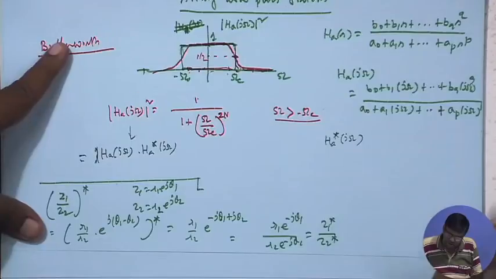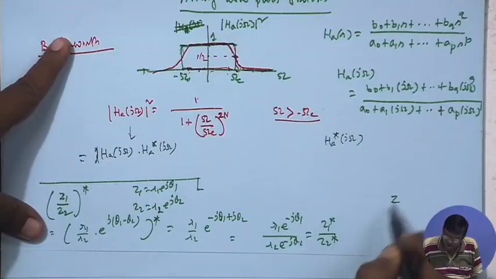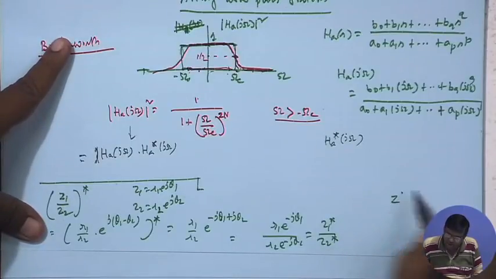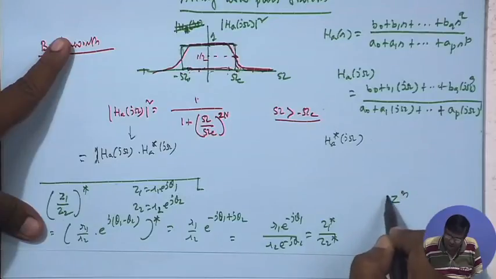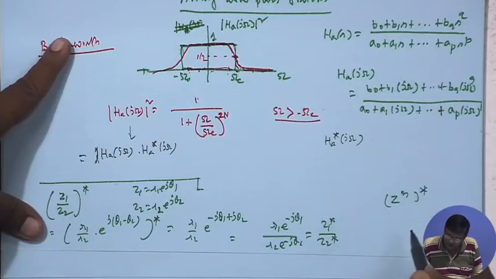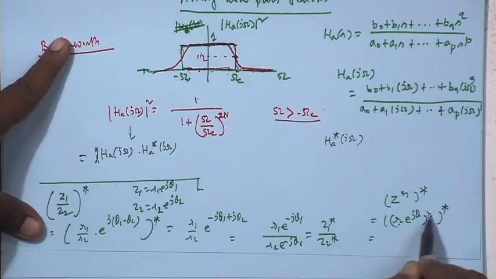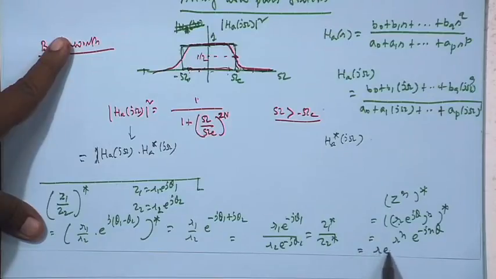Another property is, if I have a z raised to some integer power, say n, and then you take the conjugate. z is say r into e to the power j theta, so r e to the power j theta whole to the power n, then conjugate: r to the power n and e to the power j n theta, after conjugation it is e to the power minus j n theta, which is also the same as r e to the power minus j theta whole to the power n.